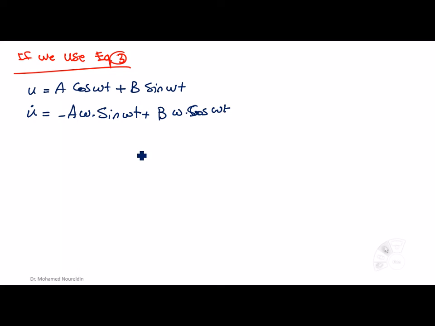So we are going to use the initial conditions. Whenever we talk about initial conditions, what is the meaning of it? If we have u of t here, and here we have the time t, and our system is something like this, for example, then u node is the initial displacement at time t equal to 0.